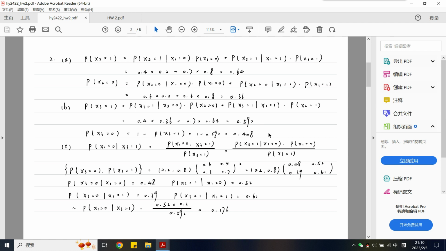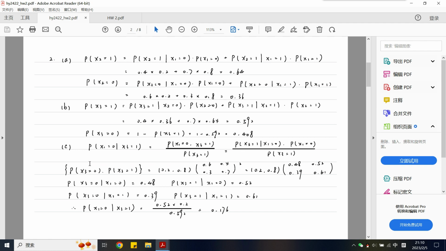From the above questions, we can get the probability x1 equals 0 and also the probability that x3 is 1. So what we need to find is the probability that x3 is 1 given that x1 is 0.